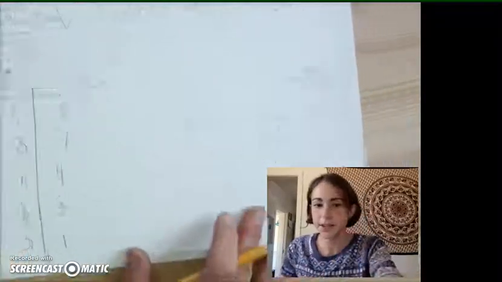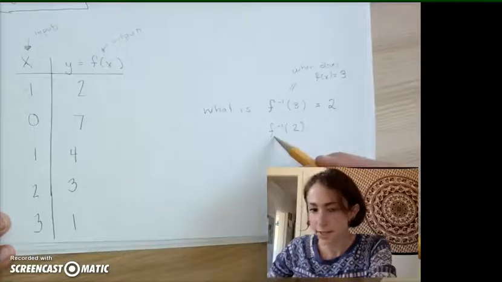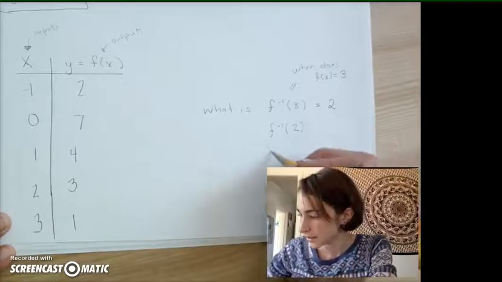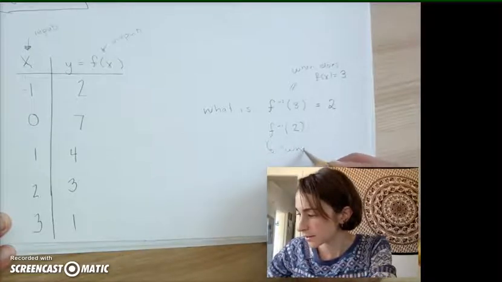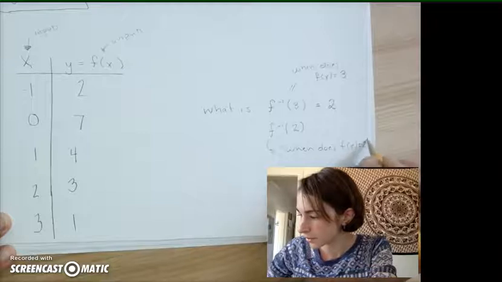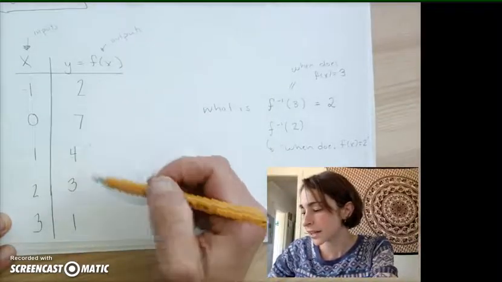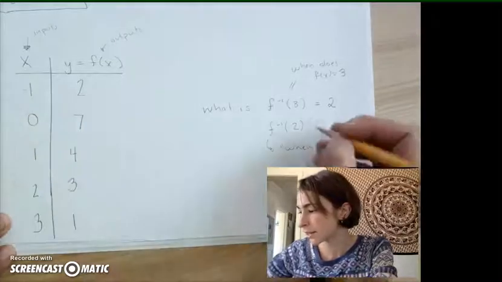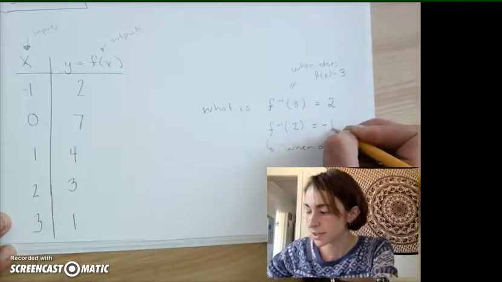Okay, let's try one more. F inverse of 2. I'm asking, when does f of x equal 2? So I go into my f of x column. It equals 2 when x is -1. So f inverse of 2 is -1.